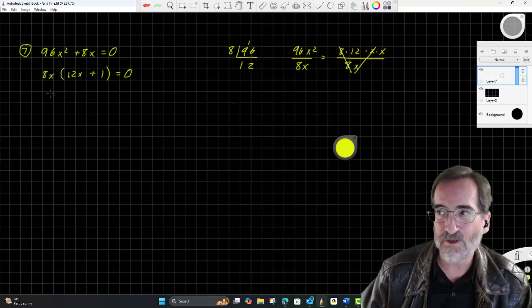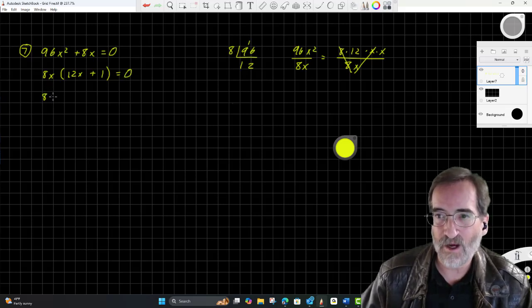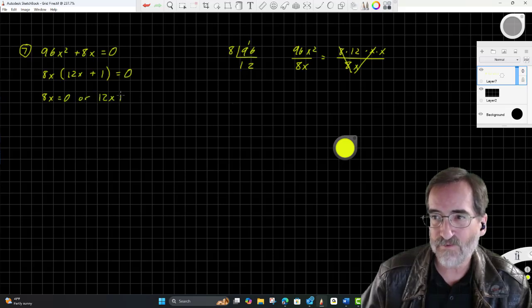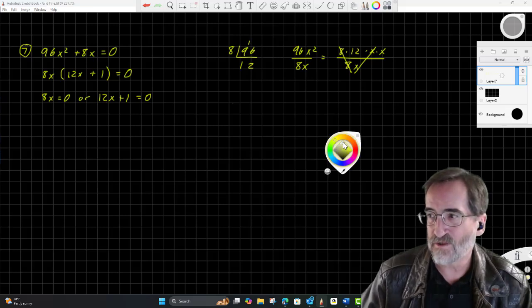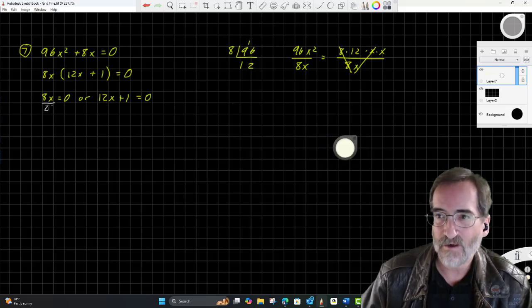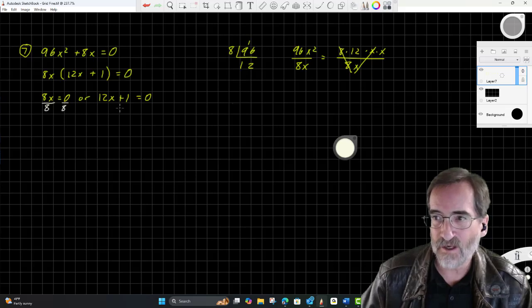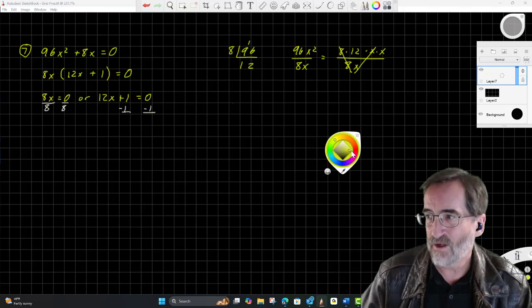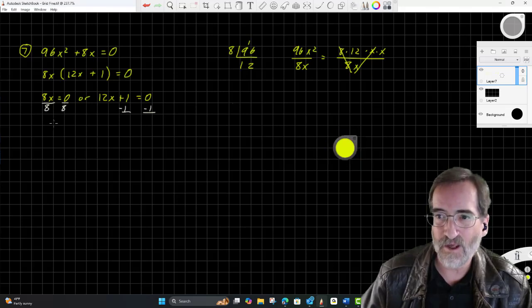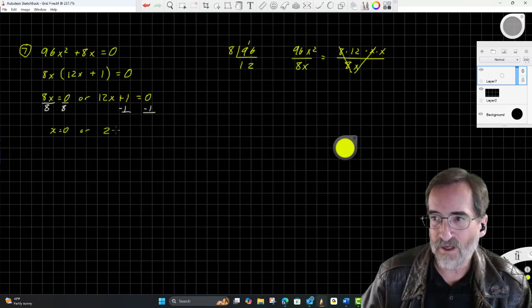And now use the zero product property. That is that either 8x equals 0 or 12x plus 1 equals 0. In the first case, divide by 8. In the second case, subtract 1 from both sides. In the first case, 0 divided by 8 is 0. In the second case, 12x equals negative 1.